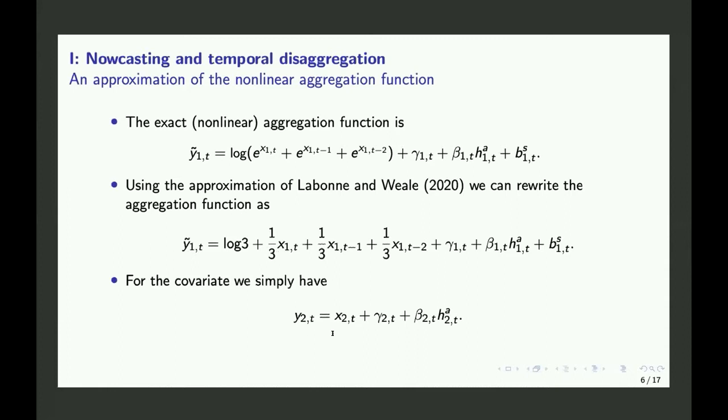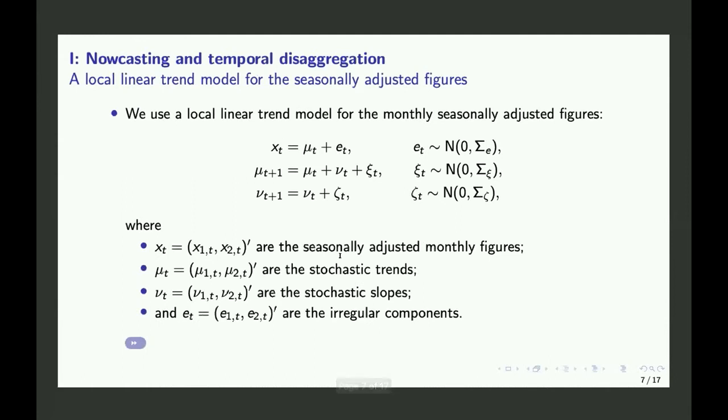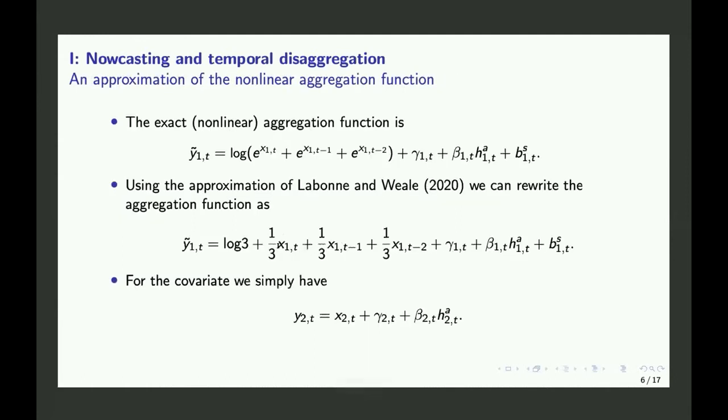And then we also have an observation equation for the covariates, the monthly business survey data. Because it's monthly data, we don't have this issue of temporal aggregation. Then we estimate the model using state space methods. I'm going to explain the model we use for the seasonally adjusted figure.